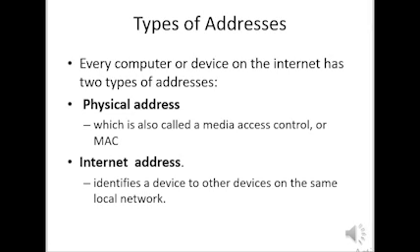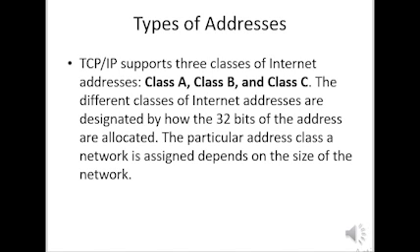The internet address identifies the device to other devices on the same local area network. TCP/IP supports three classes of internet address: Class A, Class B, and Class C. The different classes of internet address are designed so that 32-bit addresses are allocated. Which class a network is assigned depends upon the size of the network.